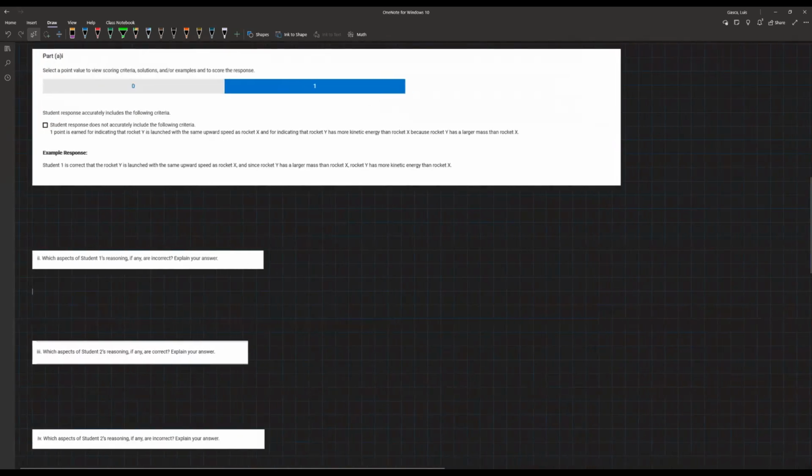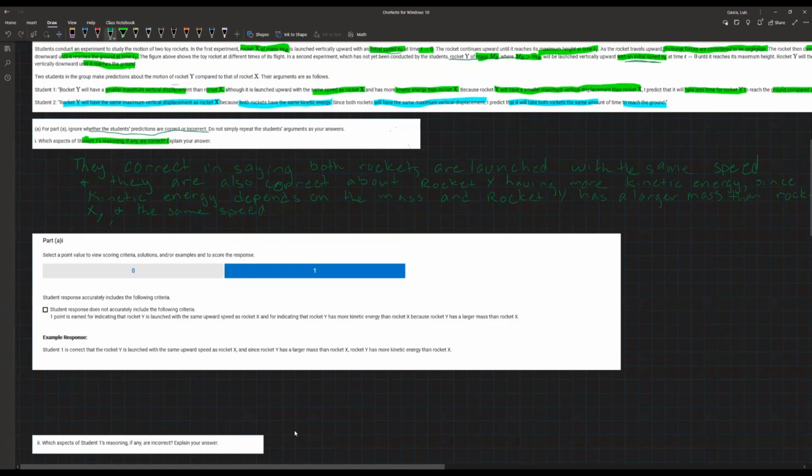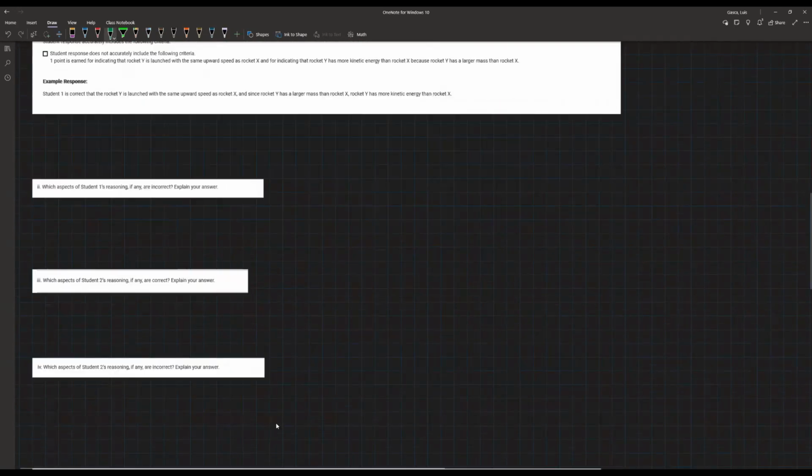So in this case, when we're trying to figure out, well, what is incorrect? Student one is incorrect in stating that rocket Y will have a smaller vertical displacement.